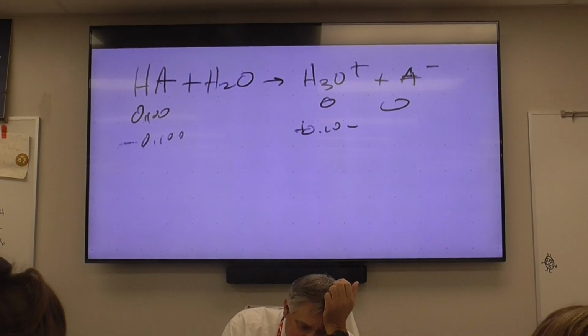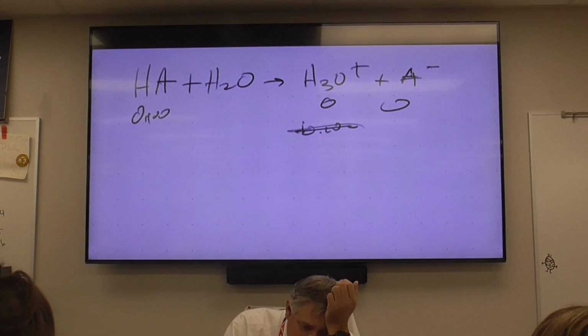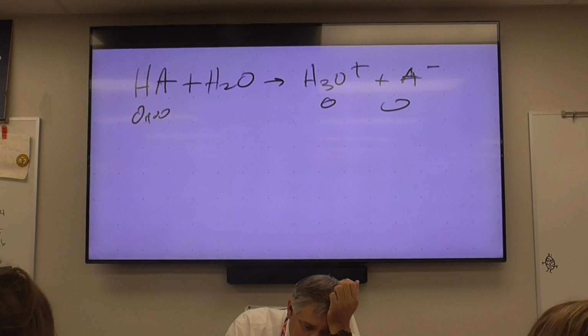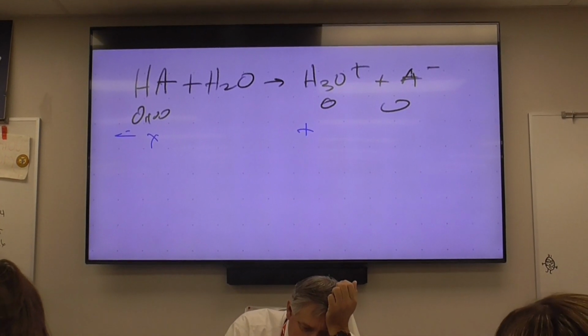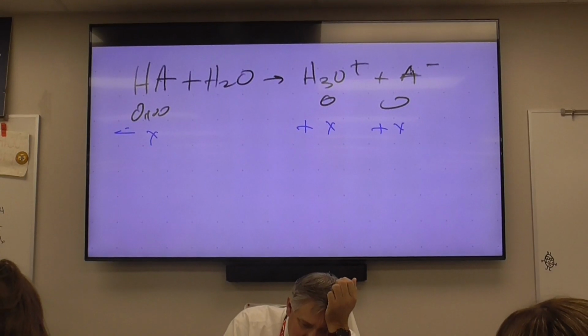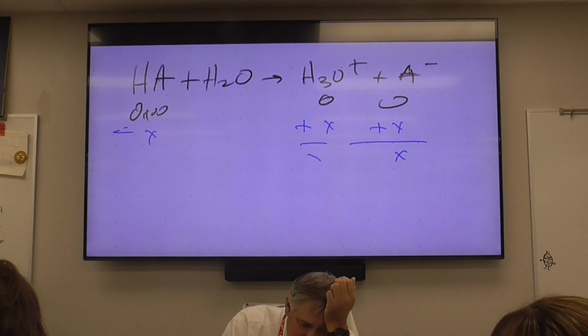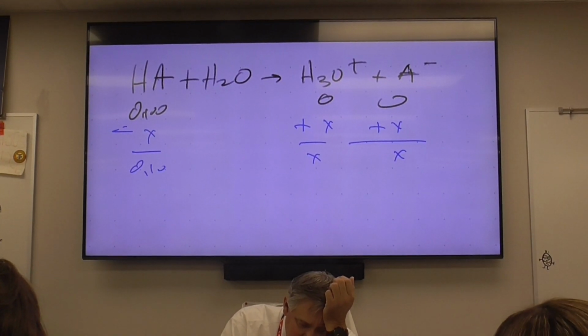On weak acids, you don't know how much ionizes, so you go, that's gonna be minus X, plus X, plus X. That becomes X, that becomes X, that becomes 0.1.